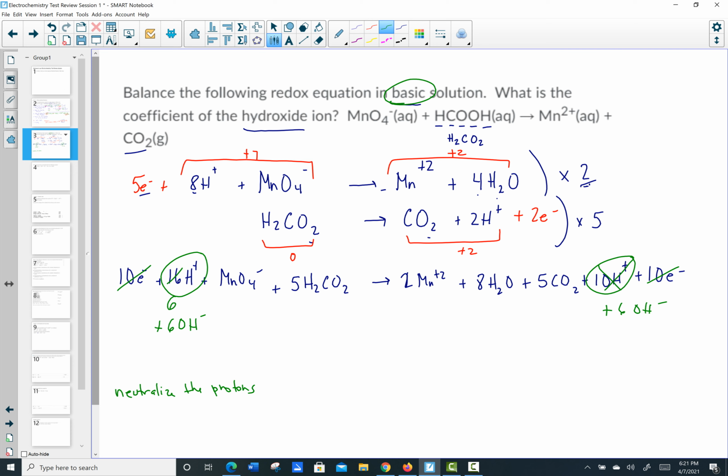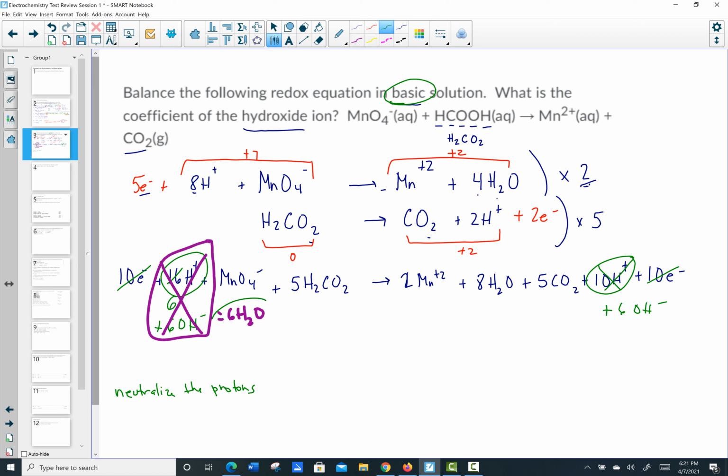And remember, when we do so, 6 positive protons and 6 hydroxides is equating to 6 waters. So the 6 H plus and the 6 OH negative combine to make 6 waters and are not separated any longer.